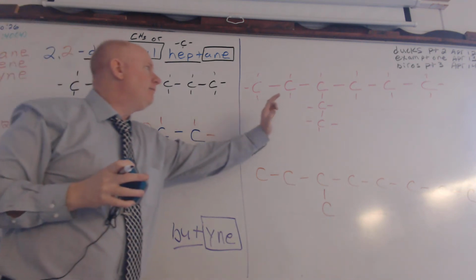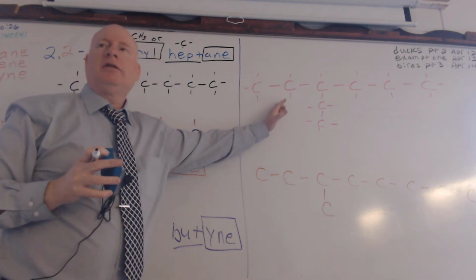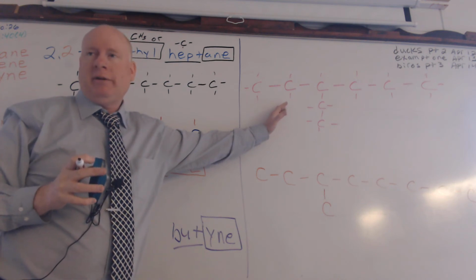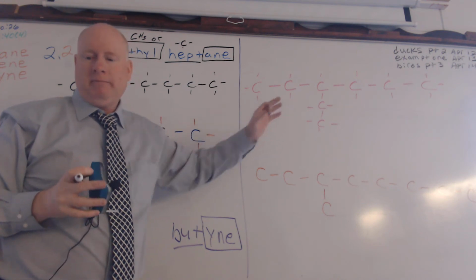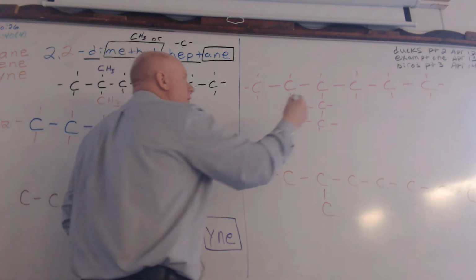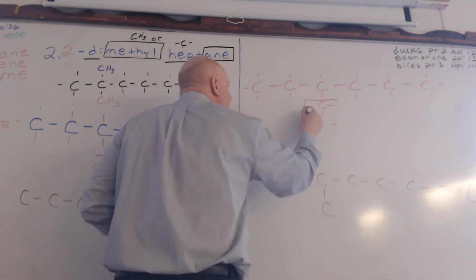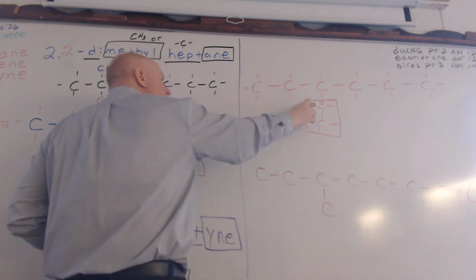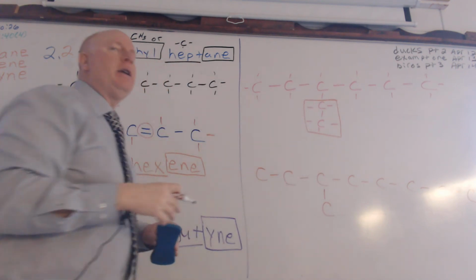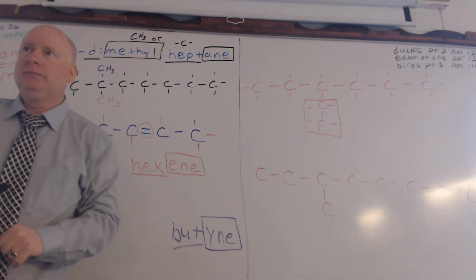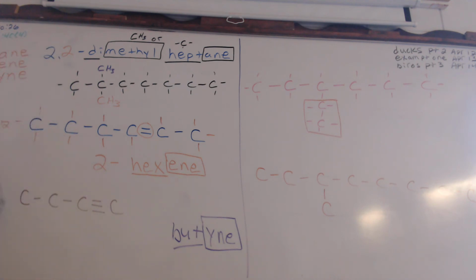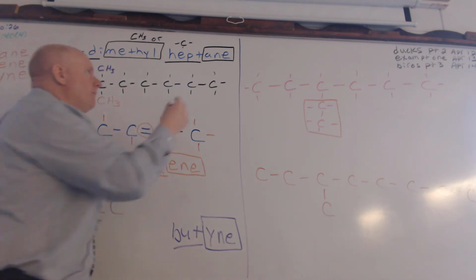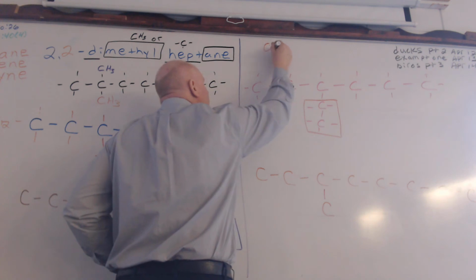This one is just a little different than everything we've talked about. And this is why right here. So what is this formula inside that box? There's how many carbons? There's 2 carbons.